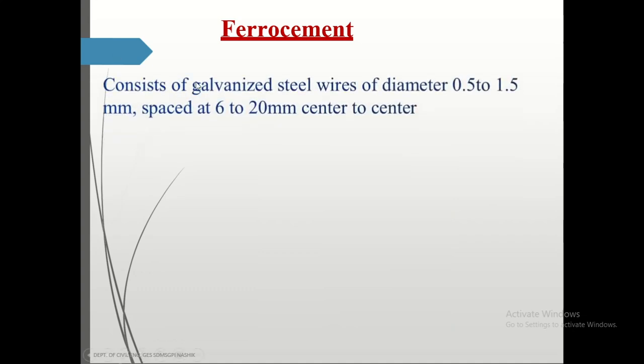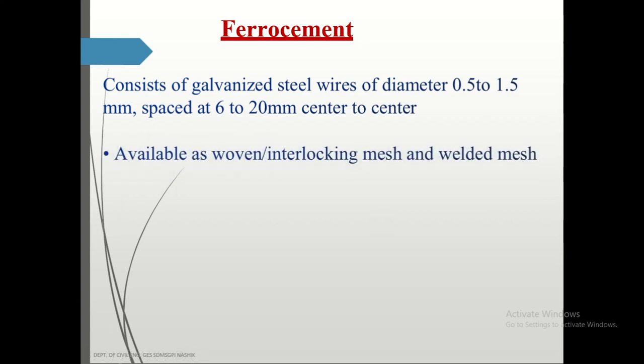It consists of galvanized steel wire of diameter 0.5 to 1.5 mm, and the spacing should be 6 to 20 mm center to center. It is available as woven or interlocking mesh and welded mesh. These are the types of meshes: woven or interlocking, that we have seen in the picture, and another is welded mesh.